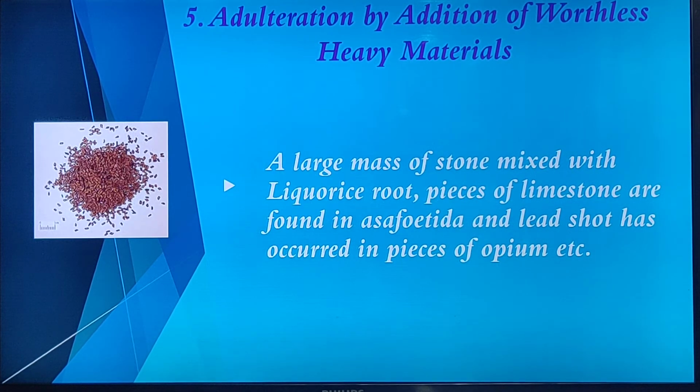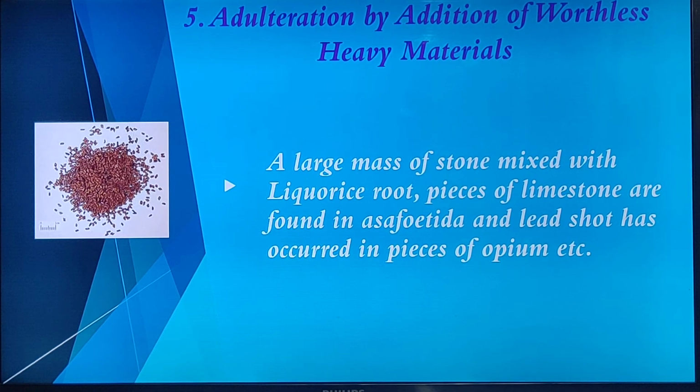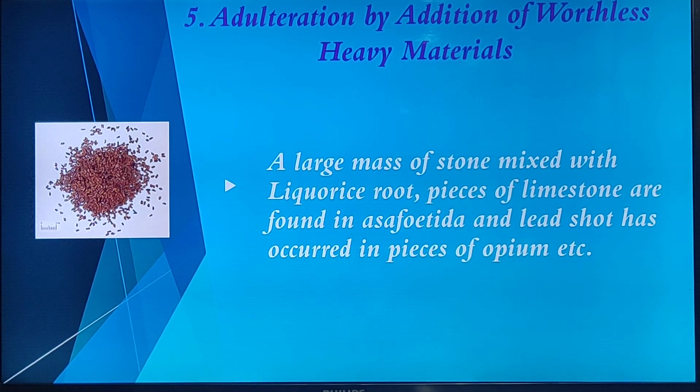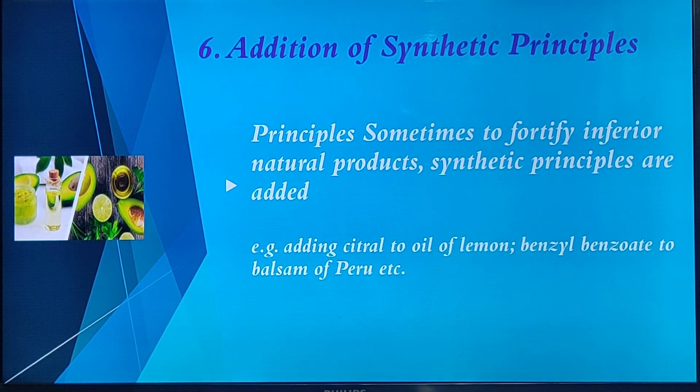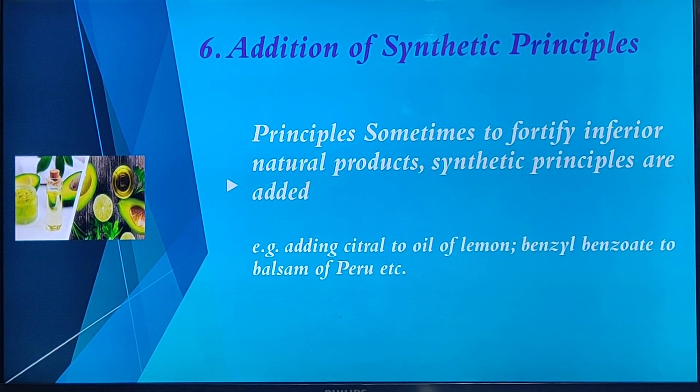Fifth one is adulteration by addition of worthless heavy materials. A large mass of stone mixed with liquorice root, pieces of limestone are found in asafoetida, and lead shot has occurred in pieces of opium, etc. Sixth is addition of synthetic principles.